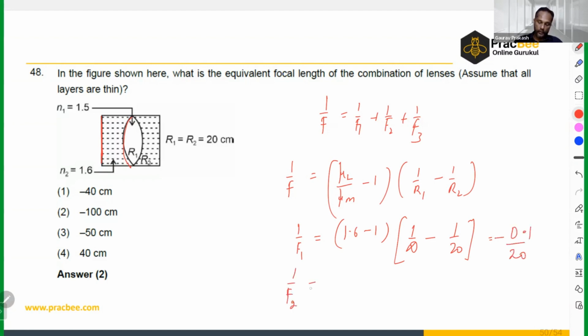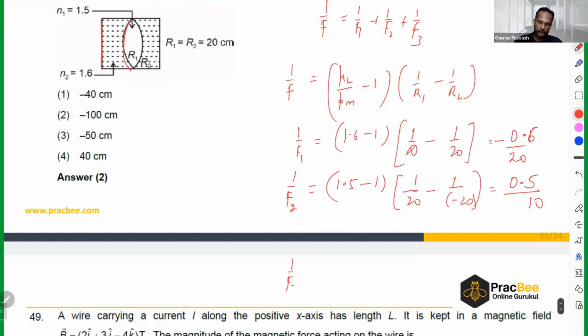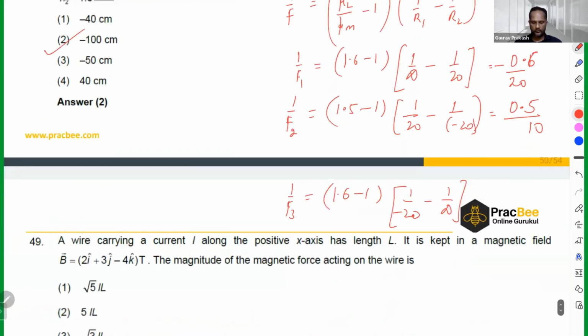Similarly, 1 by f2 can be written as 1.5 minus 1, and this is 1 by 20 plus 1 by 20, and we get 0.5 upon 10 here. Then 1 by f3 is 1.6 minus 1, and this is the first surface, so 1 by minus 20 minus 1 by infinity, the same as the first one. Then you can substitute them together to get 100 centimeter as the correct answer.